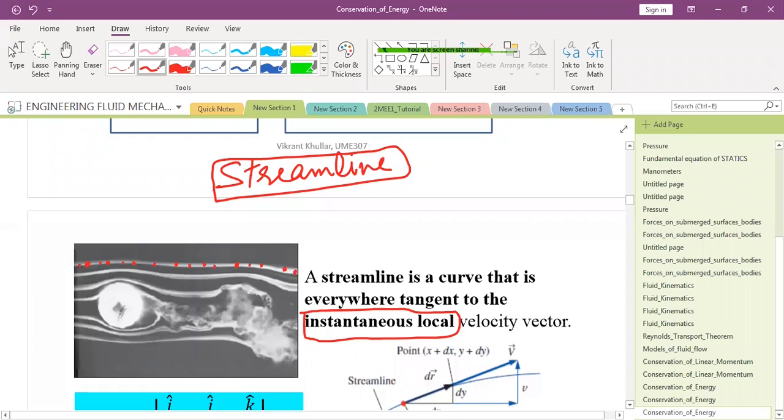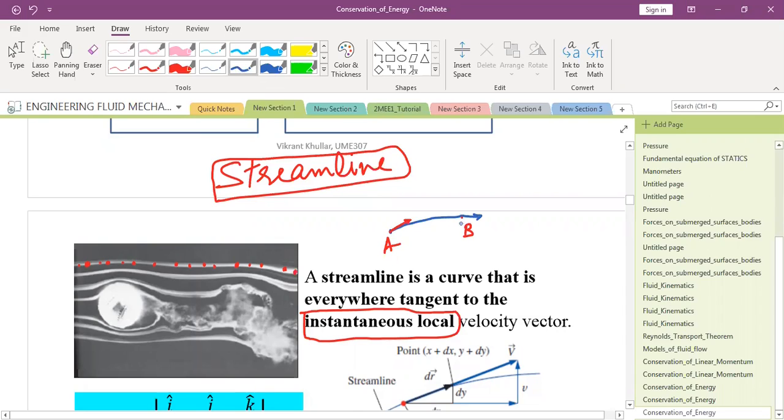So if I draw a curve, then at each point, if I draw a velocity vector, what do you think? If this is a curve and I choose 2 points, say this is point A and say this is point B. Say the velocity vector at these points is this, and here it is like this.